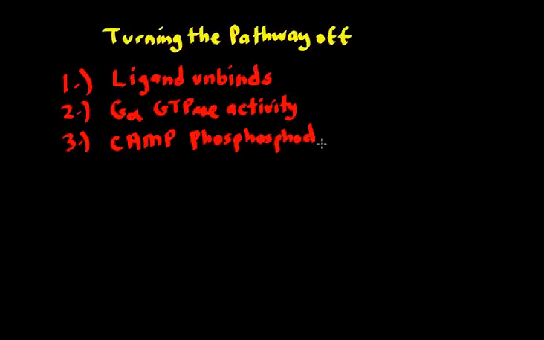Phosphodiesterase is abbreviated PDE, and this causes the cyclic AMP to go to AMP, and so you remove the cyclic AMP that's being produced by the cell, you don't have cyclic AMP to activate PKA, and that helps also turn the system off.